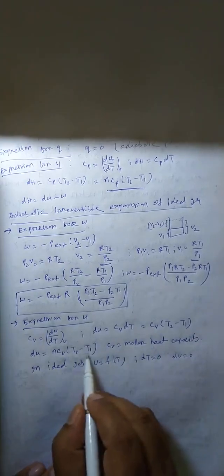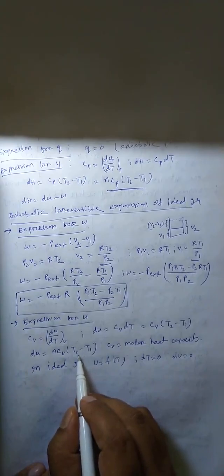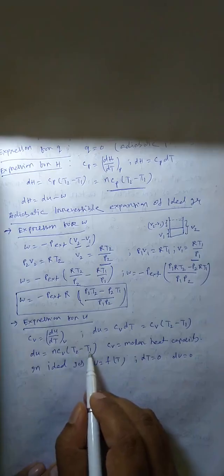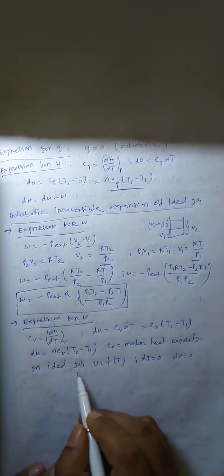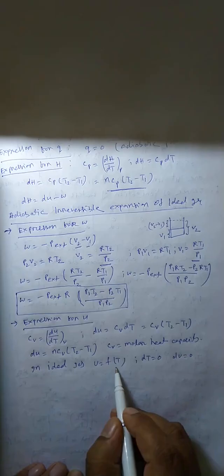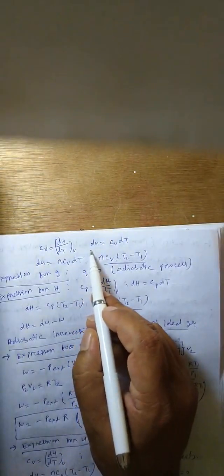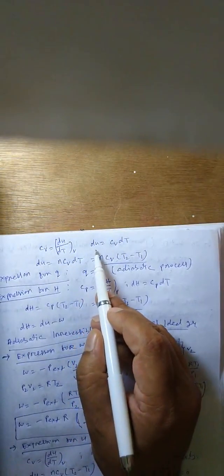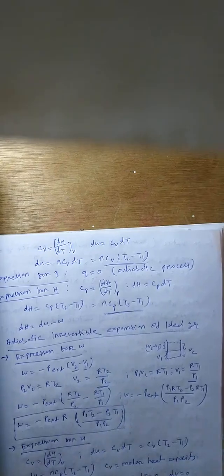If he gives you an isothermal process, or the temperature is not changed, then dU is equal to 0, because in an ideal gas internal energy is a function of temperature. In this case also, and the previous case also, if temperature is not changed, dT is equal to 0, then dU is also equal to 0.